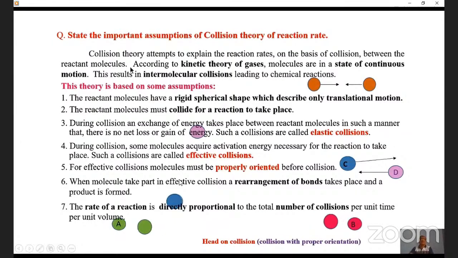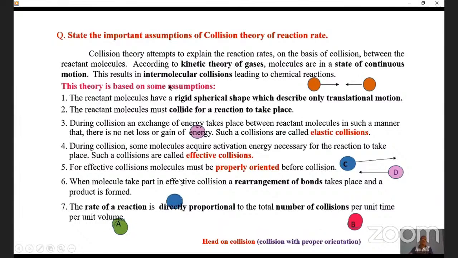The molecules present in that gas are in a state of continuous motion because of having a very weak cohesive force between them. These moving molecules collide with one another. This intermolecular collision leads to the chemical reaction. This collision theory is applicable only to gaseous state reactions and to some liquid state reactions.